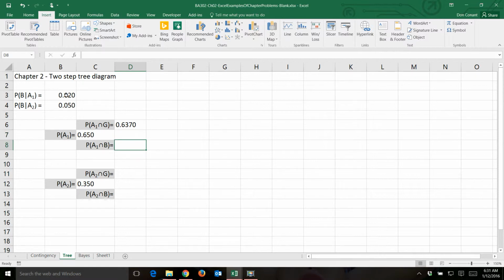Company A sub 1 and a bad part is the probability of receiving the part from company A times the probability that it is a bad part, which is 2%.